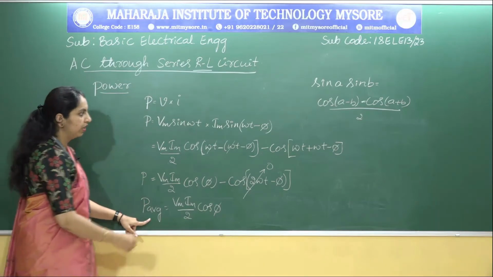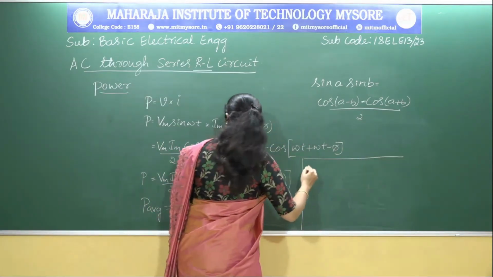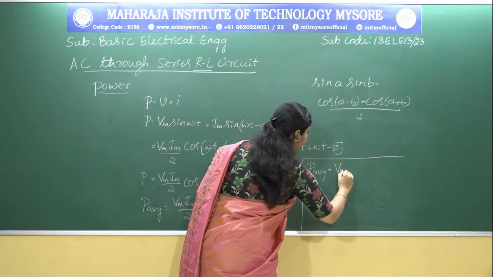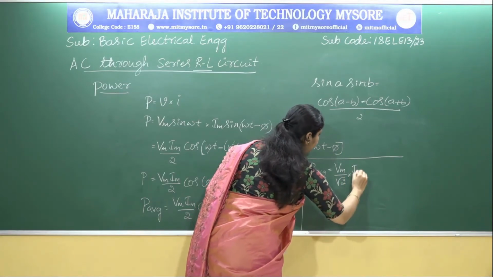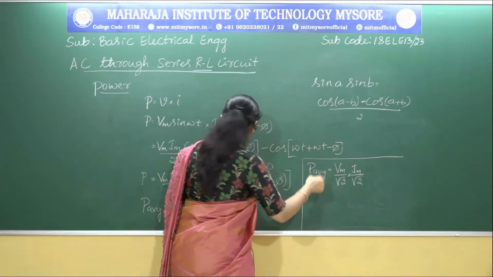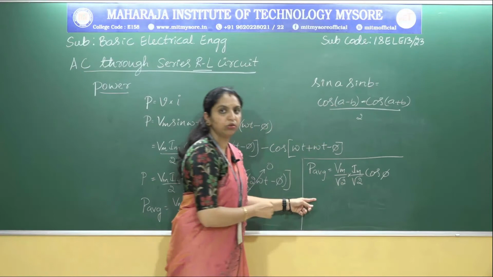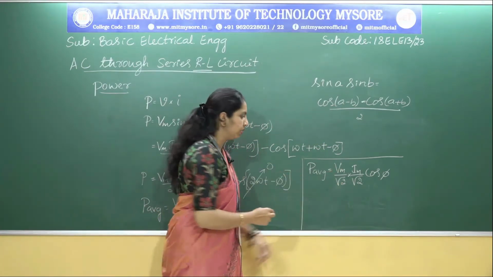The same expression can be rewritten as P average is equal to Vm by root 2, Im by root 2, cos phi, as we have already done this kind of simplification. Vm by root 2 is Vrms, and Im by root 2 is Irms.